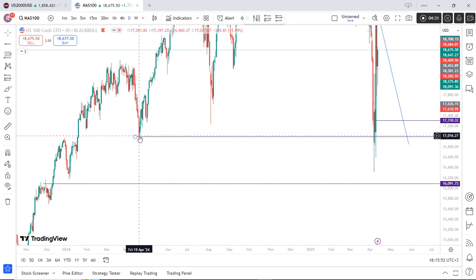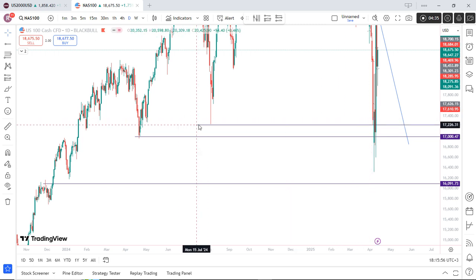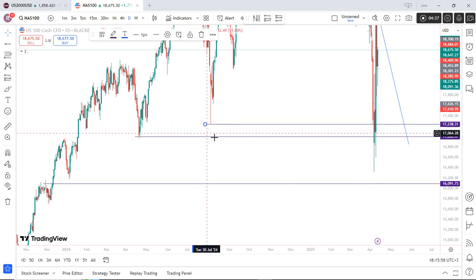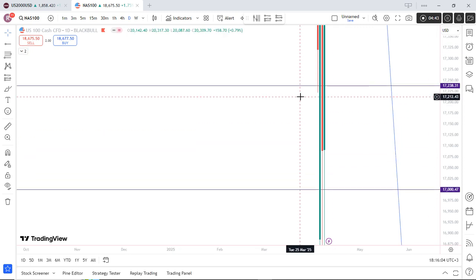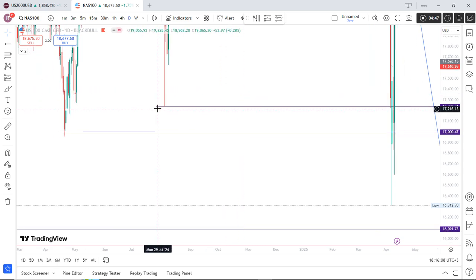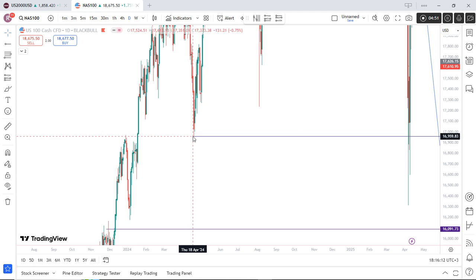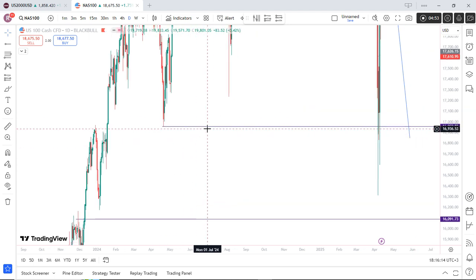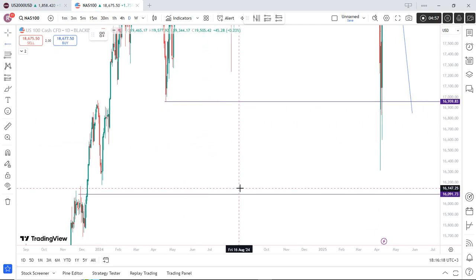Okay, and as well, this one was also a liquidity level. But remember, this one we had touched. If you can remember what I showed you on the weekly time frame, you can see how little we touched it, right? So we had already touched it. So we were going for the next liquidity pool, which was this one right here. Okay, so this is a target. Then after this target, we move on to the next liquidity pool.